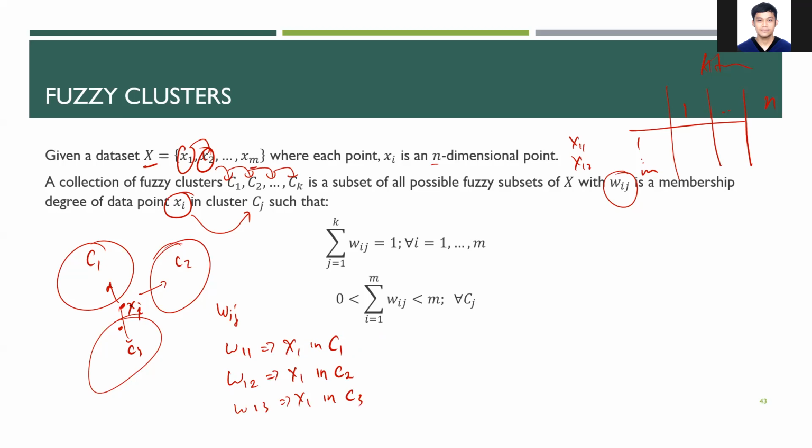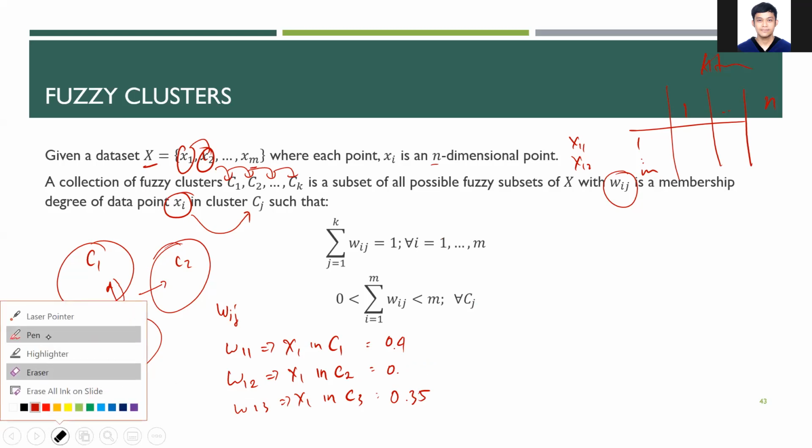Let's say C1 is the nearest one, so maybe this is 0.4 because it's quite near to cluster 1. Cluster 3 is also quite near, but not as close as cluster 1, so maybe 0.35.